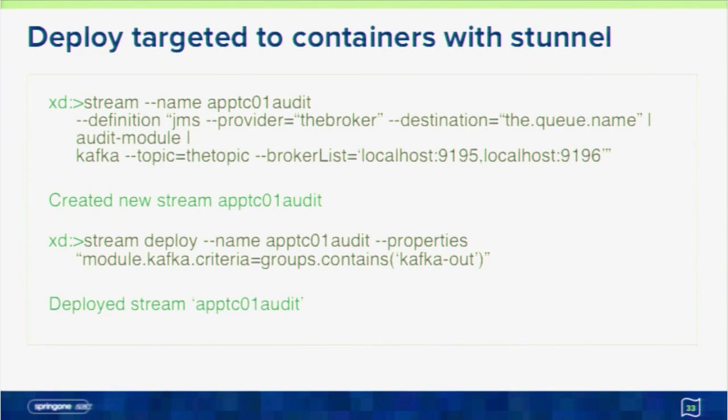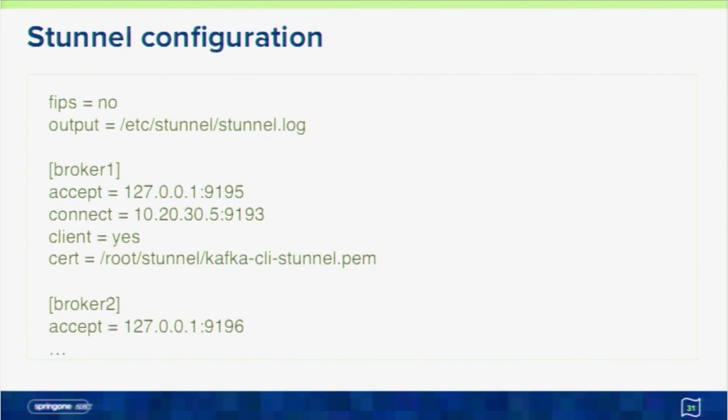Notice the brokers here are localhost 9195 and 9196. That matches what we have in the STunnel configuration, where it is hijacking, let's say, ports 9195 and 9196. Anytime it sees activity on that localhost port, it's immediately turning around, encrypting it with the PEM file, and transmitting it to its corresponding endpoint on the Kafka server on port, in this case, 9193 on IP address 102035.